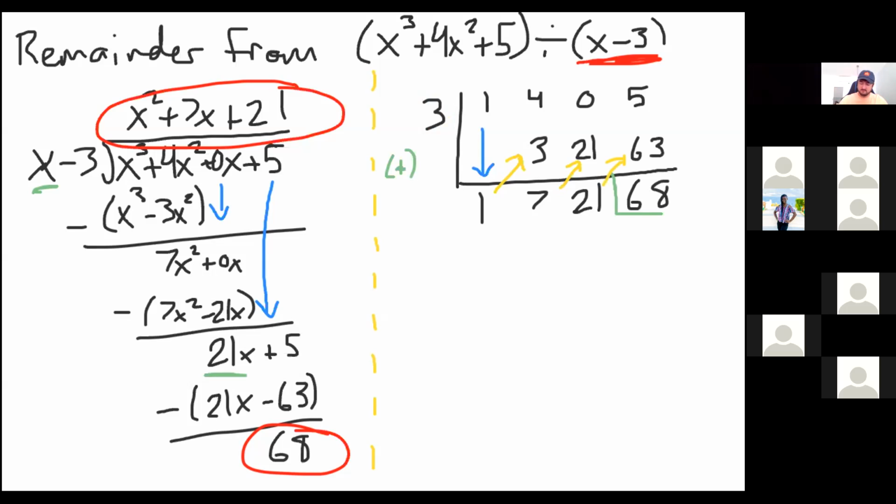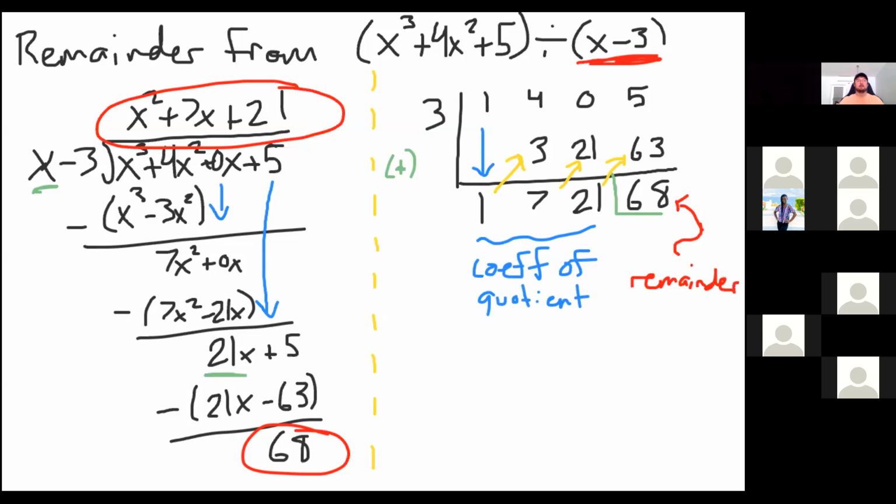And then what that synthetic division tells me again is that these are the coefficients of my quotient. And this 68 is my remainder.